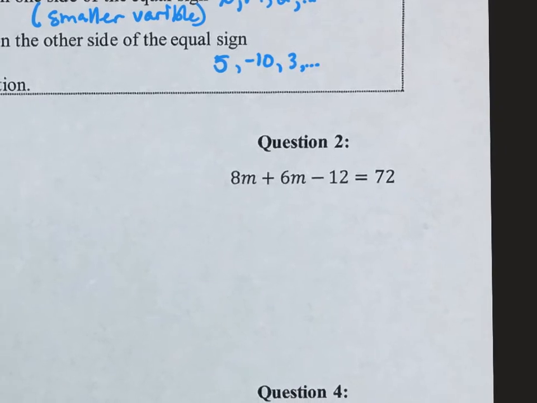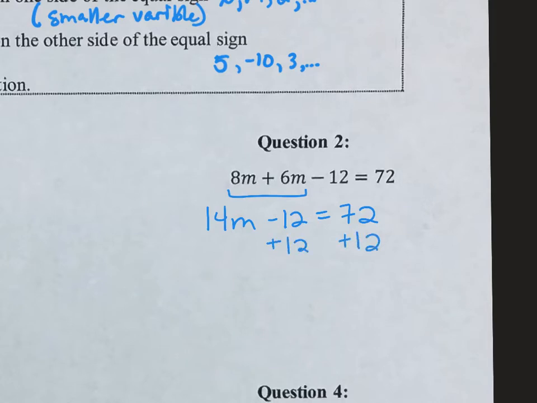There's no distributing needed, but we do have our like terms here. 8m plus 6m is 14m minus 12 equals 72. To solve our equation, we get rid of that -12 by adding 12 to both sides.